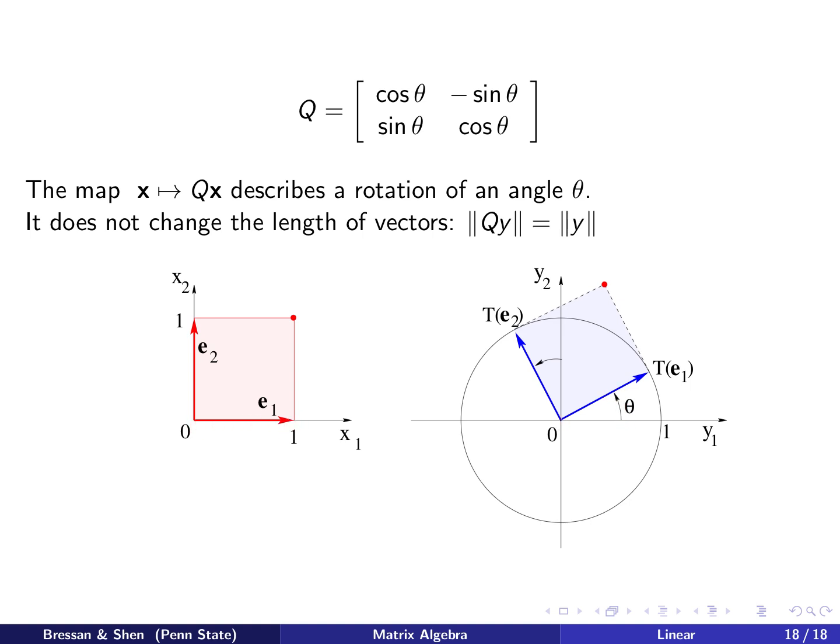The vector here becomes the vector here, and the vector here becomes the vector here, and we call it a rigid body rotation. You simply rotate it without distorting anything. So these vectors will have the same length as the vectors in the x coordinates. That is due to the fact that an orthogonal matrix respects the norm.